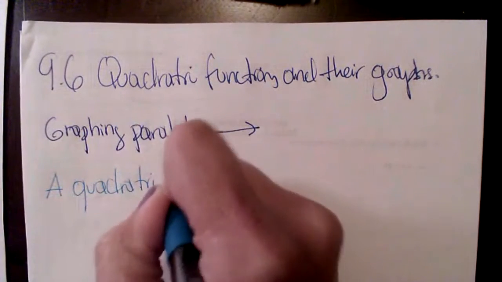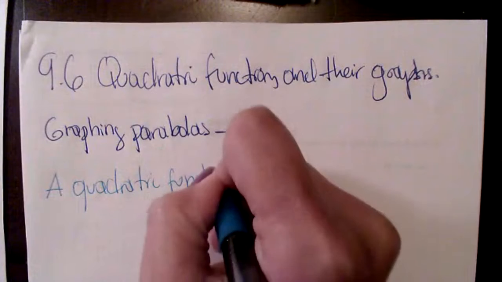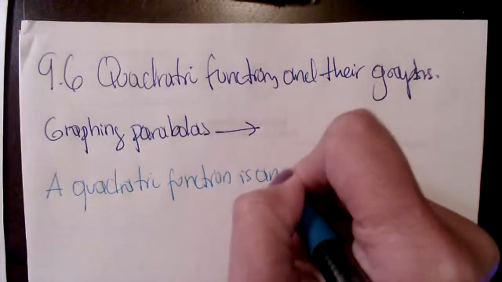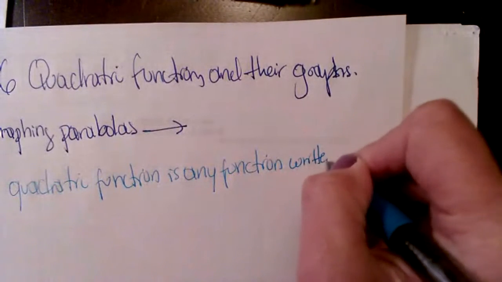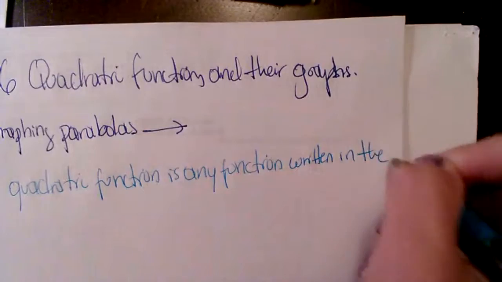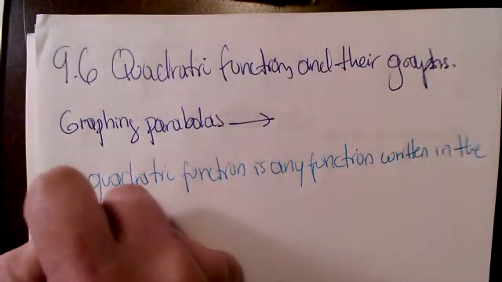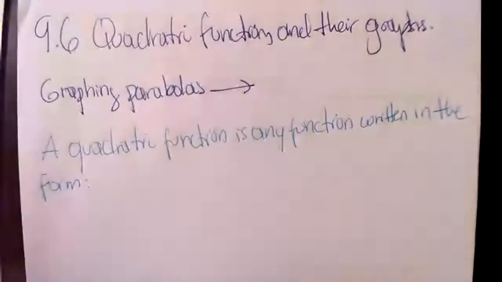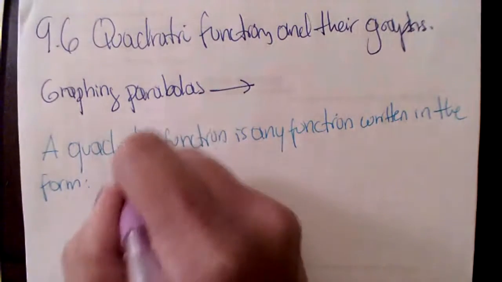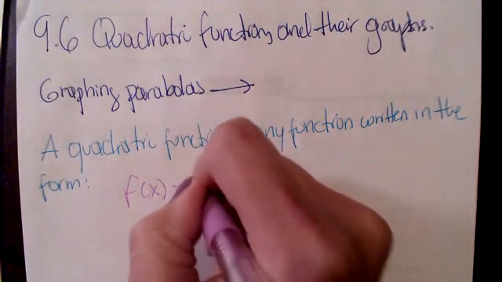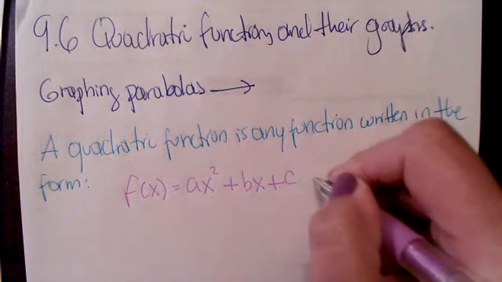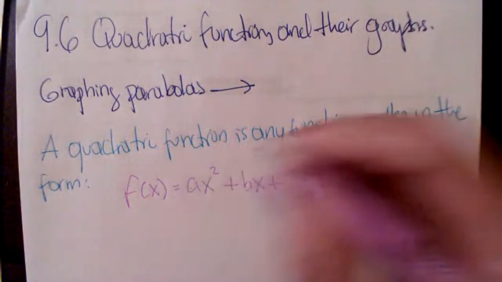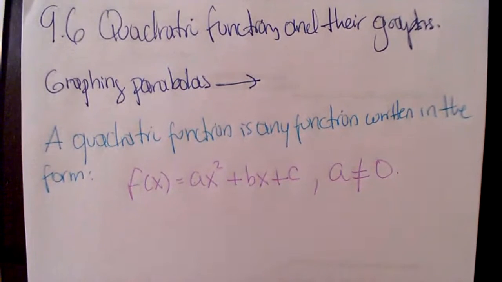So a quadratic function is any function written in this form: f of x equals ax squared plus bx plus c, where a is not equal to 0, okay?